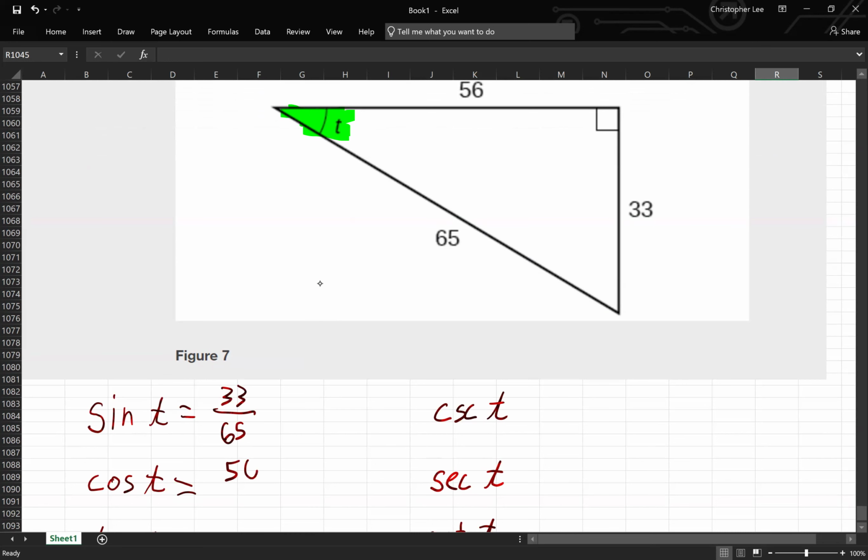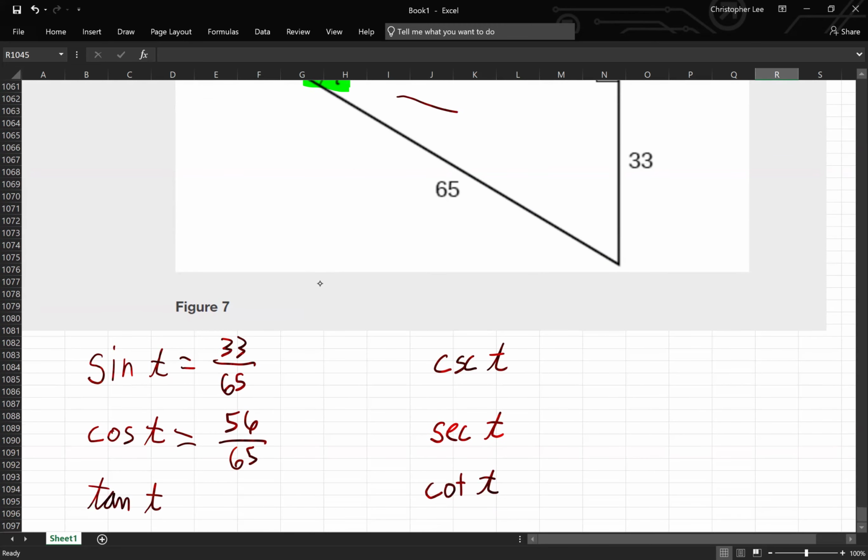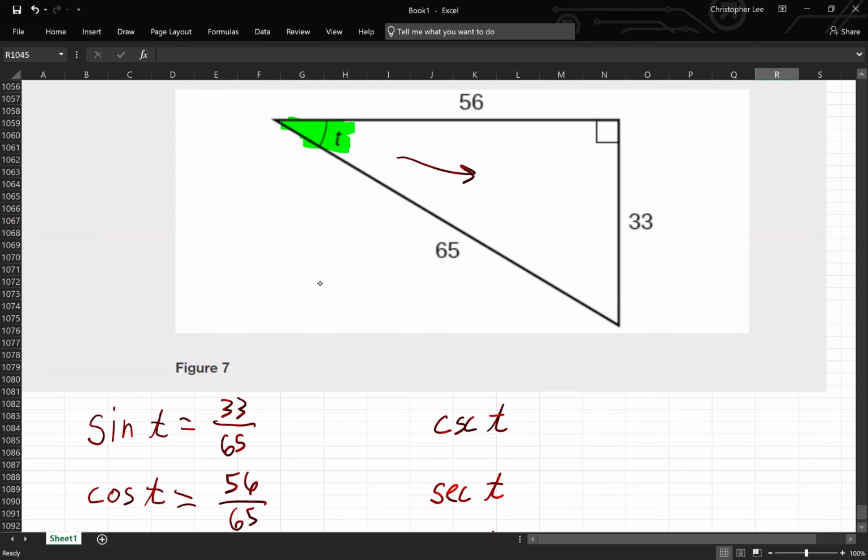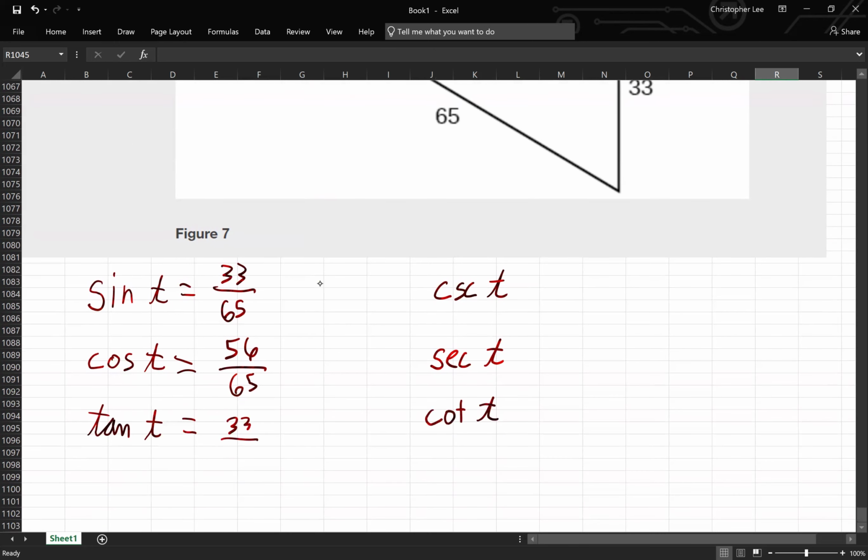That's going to be my 56, over the hypotenuse, my 65. Tangent. Remember, our tan is opposite. It's going to be my 33, over my adjacent, which is going to be my 56.